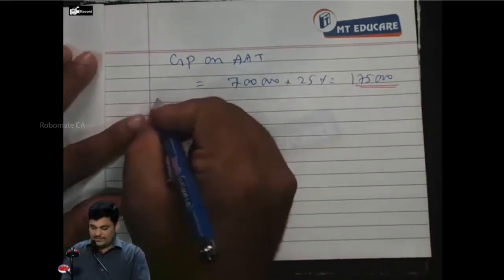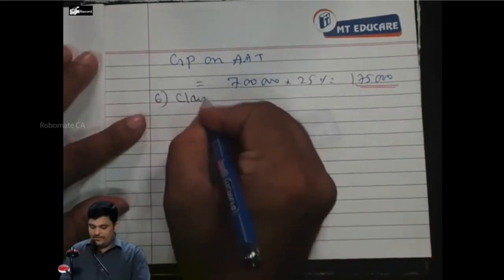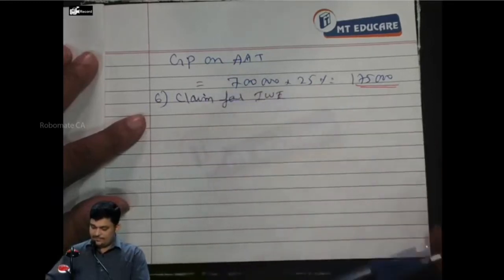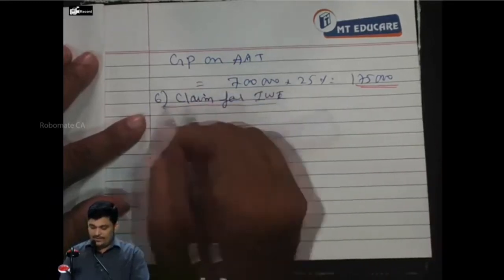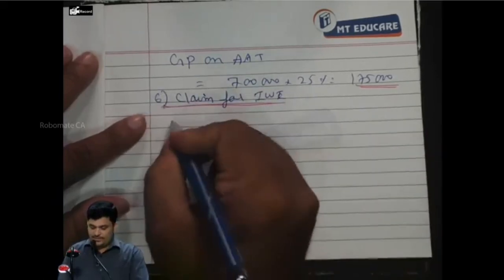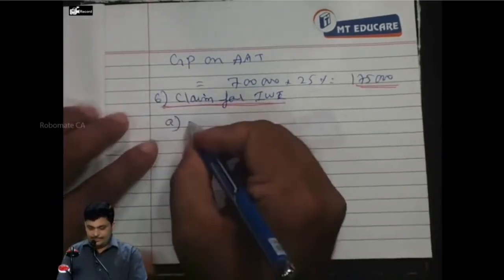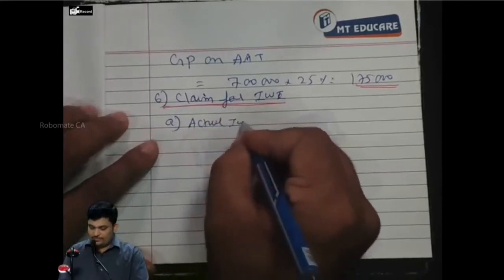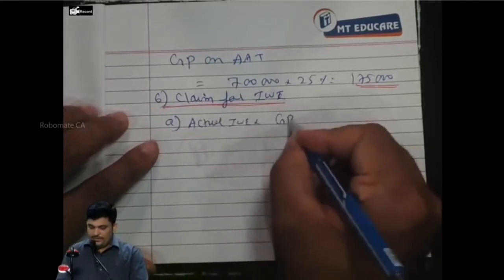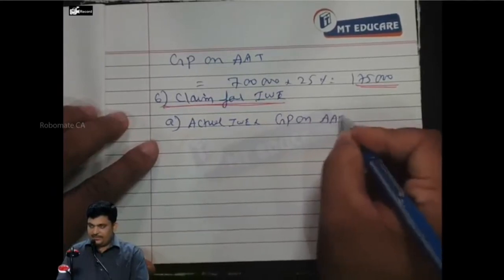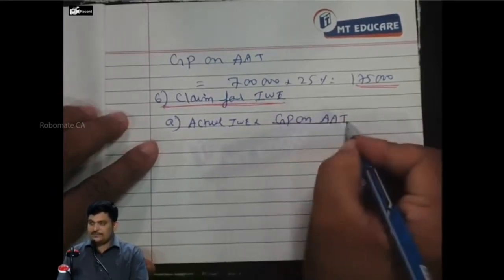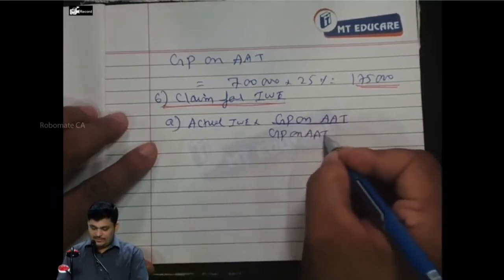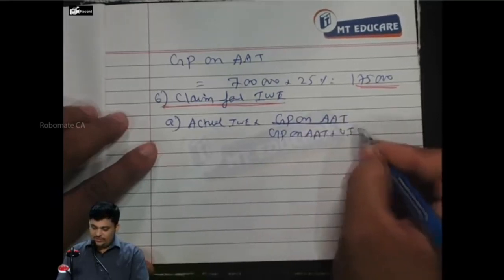Next, step number 6. Claim for IWE. Claim for IWE, A, is actual IWE into GP on AAT divided by GP on AAT plus uninsured standing charge.